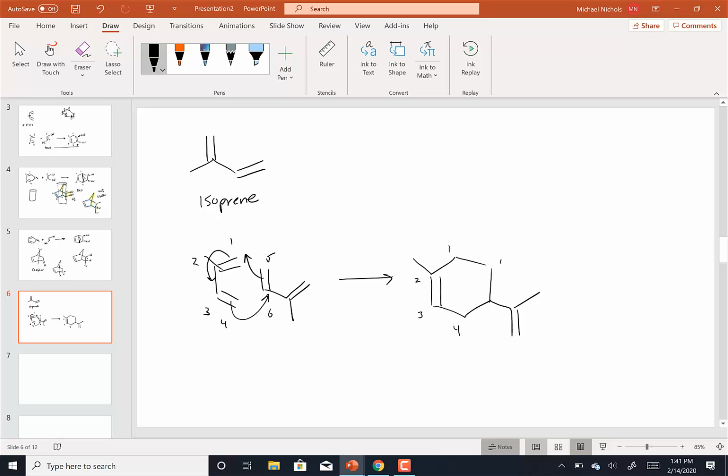And that's something that is going to be in probably most citrus flavored beverages, because that's going to be called limonene. So the way that oranges and limes and lemons are able to put that molecule together is by a Diels-Alder reaction.